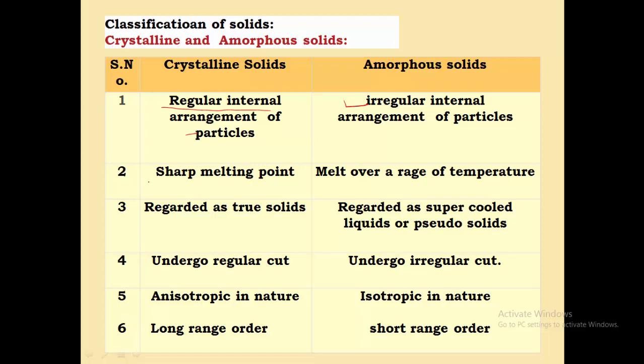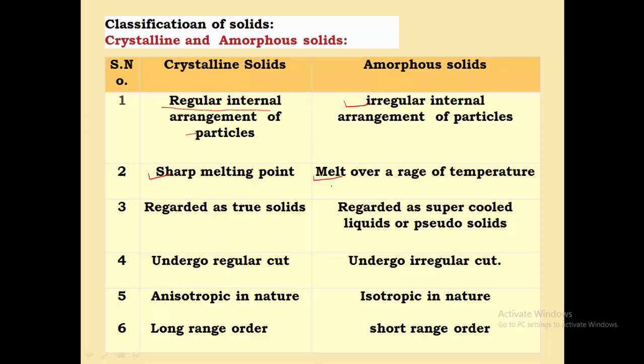Crystalline solids have a sharp melting point, but amorphous solids melt over a range of temperature. That means as crystalline solids have a particular melting point, we can mention the exact melting point of crystalline solids. But in amorphous solids, we cannot get the exact melting point.